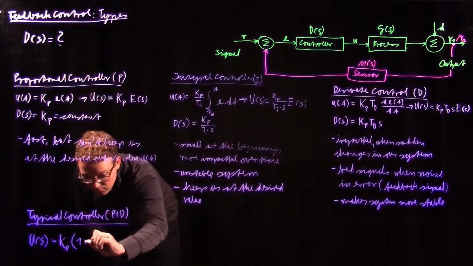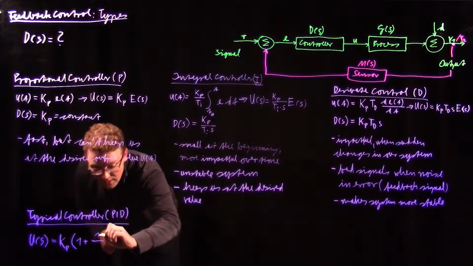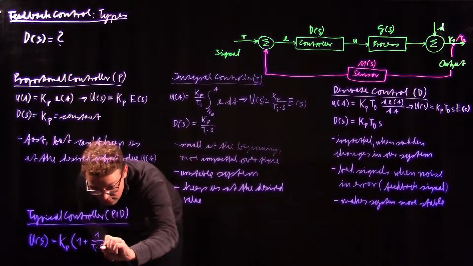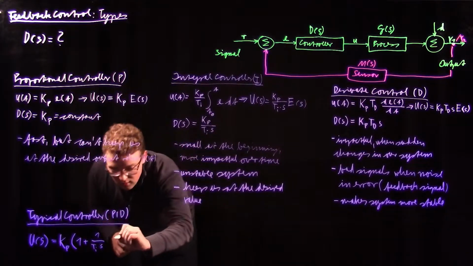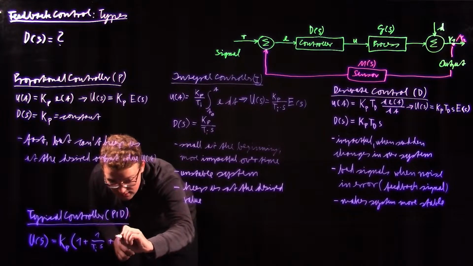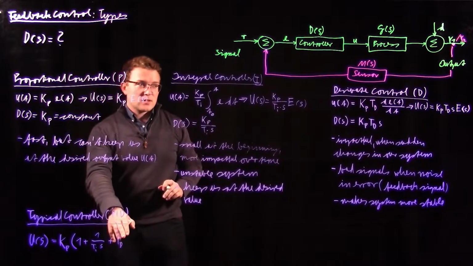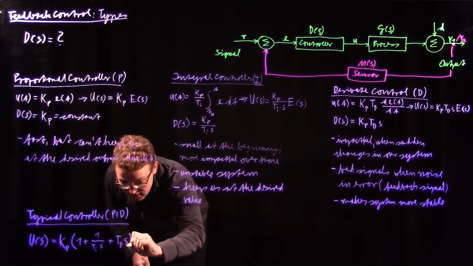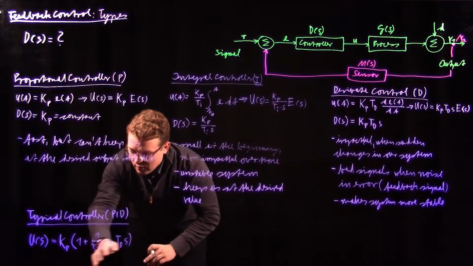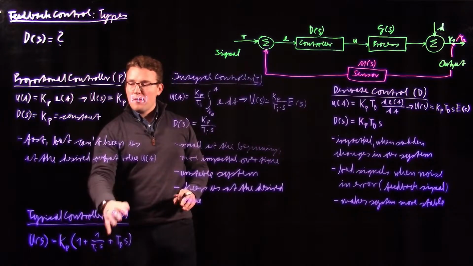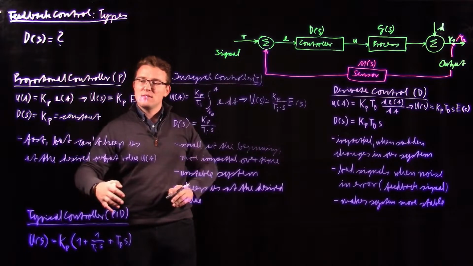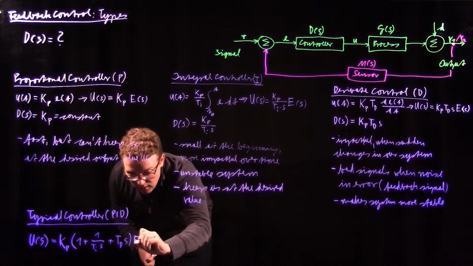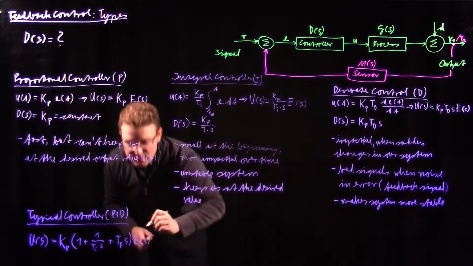So 1 plus 1 divided by Ti times S plus Td, which is the derivative control part, times S. And then of course this is our PID transfer function times the input of our controller, the big E from S.